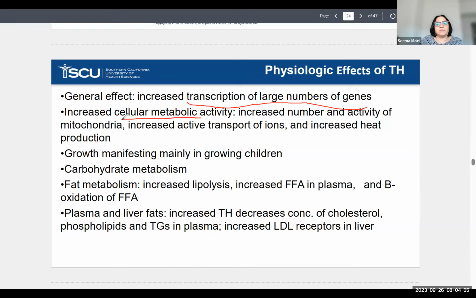Increased cellular metabolic activity, increased number and activity of mitochondria, active transport of ions, increased heat production. Of course, because a normal metabolic rate is required for growth, growth is a very important function. Carbohydrate metabolism: is it a glucogenic or non-glucogenic hormone?